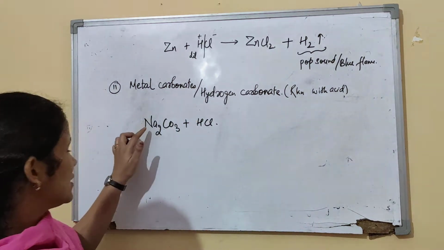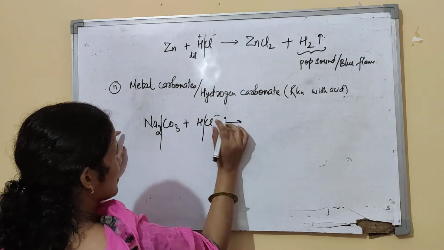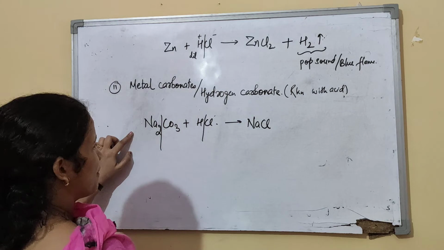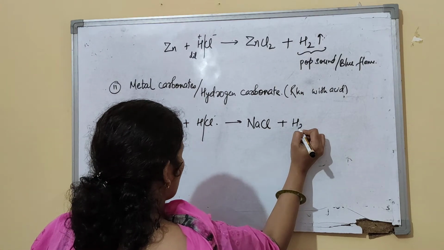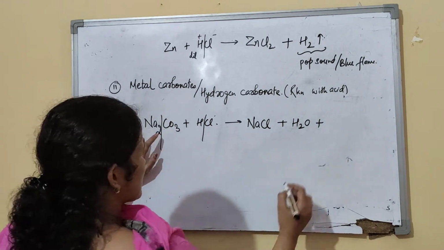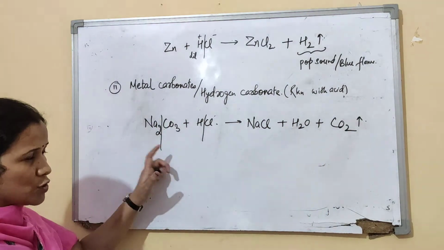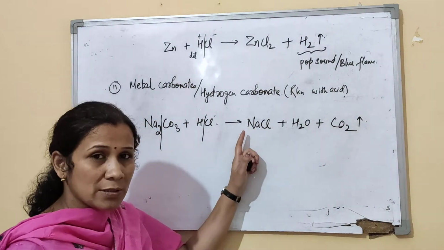That means first, this is positive, this is negative, salt. So you will make a salt, NaCl, plus the extra oxygen will go with water, plus this will give you carbon dioxide. So you will have salt plus water plus CO2. We will check whether they are balanced.